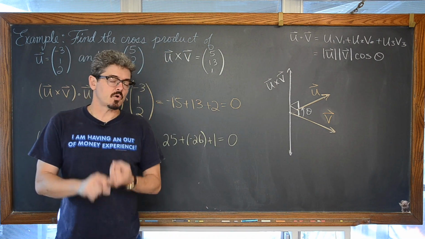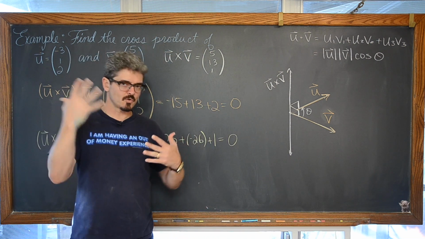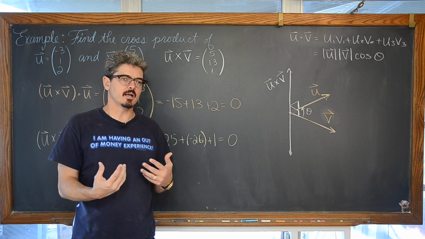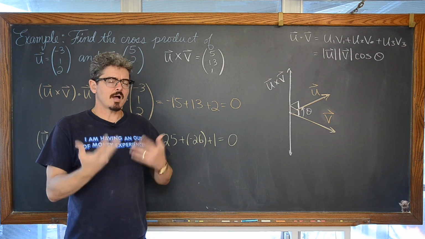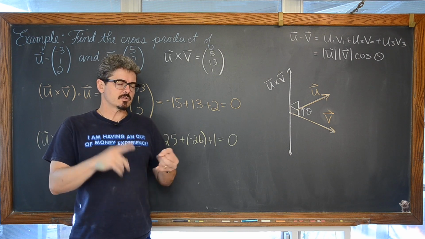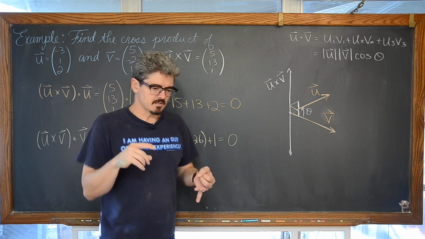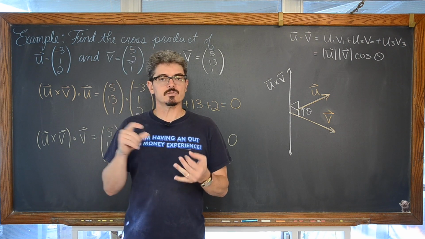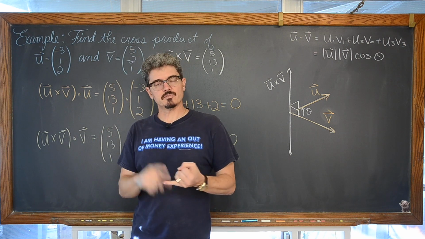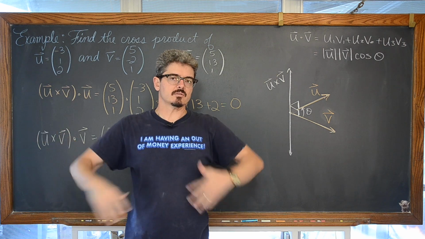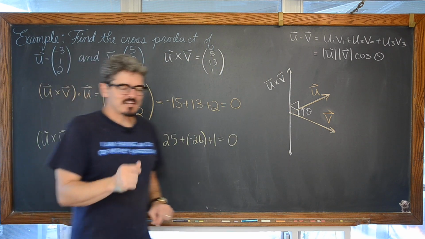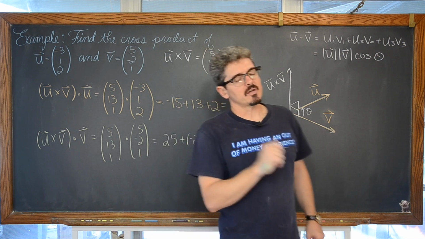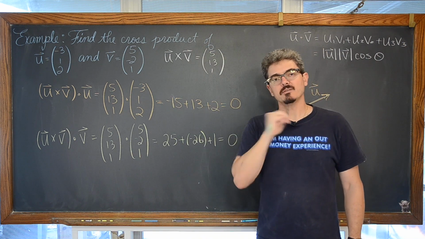Your cross product, at least in terms of what we're doing in high school math, is defined in 3 space, whereas your dot product is defined in both 2 and 3 space. Apparently there are spaces above 3 dimensions, but I don't know anything about those. So the cross product is defined in 3 space, whereas the dot product is defined in both 2 and 3 space.